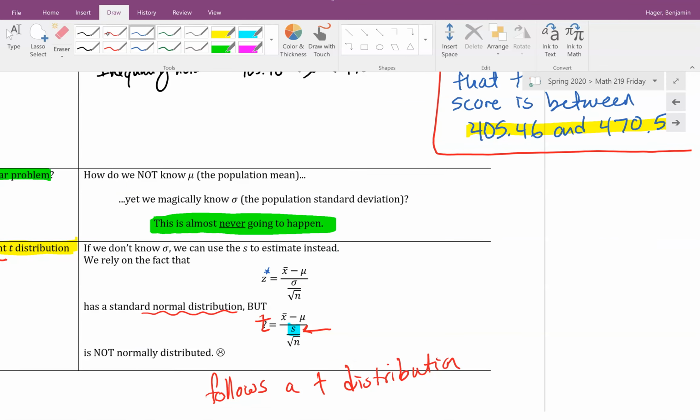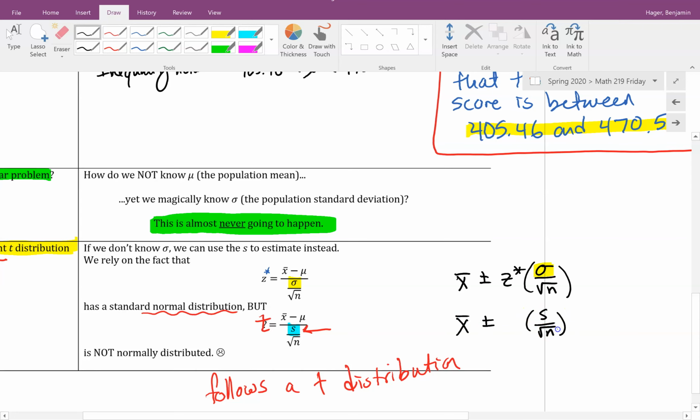So we talked about how if we do not know what the population standard deviation is, an alternative, when constructing my confidence intervals, is to use the standard deviation from our sample to approximate it.